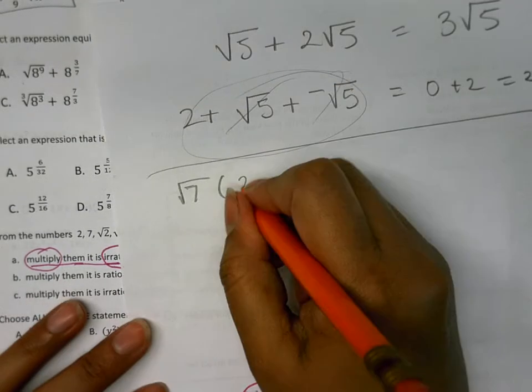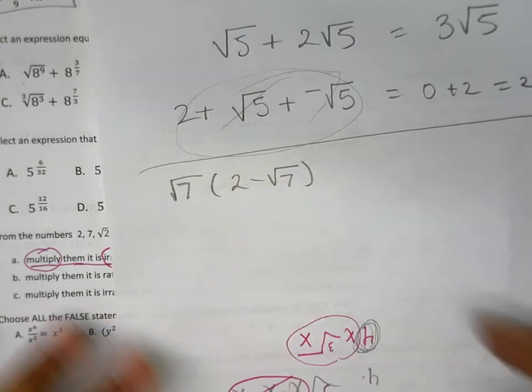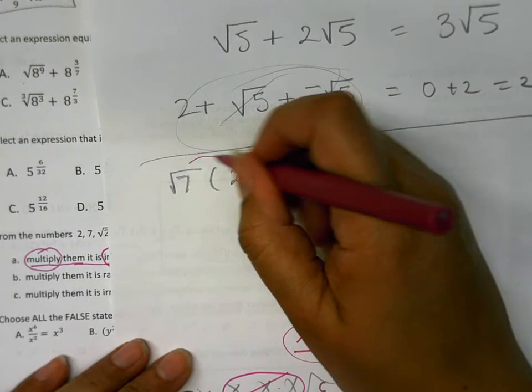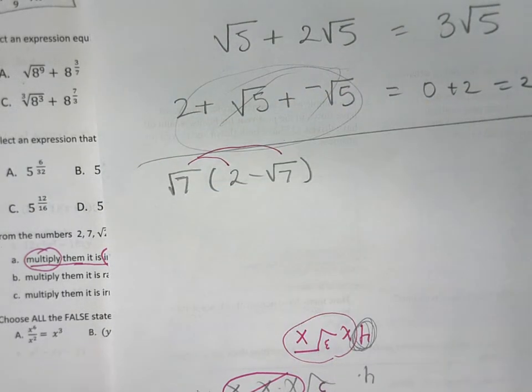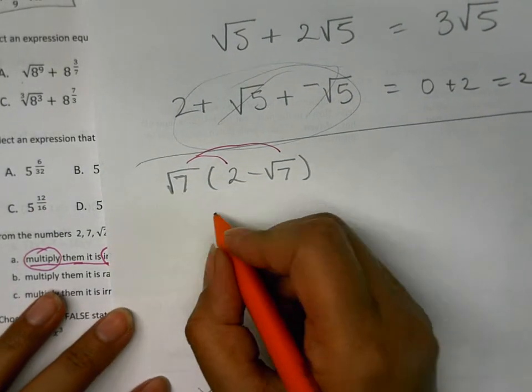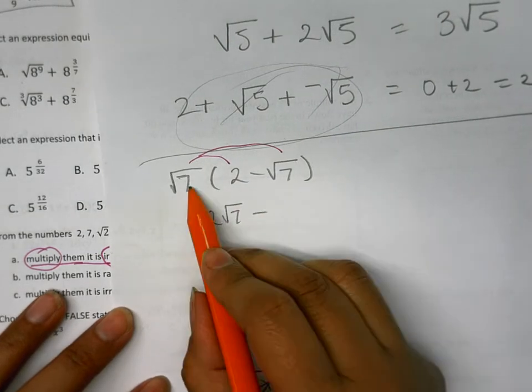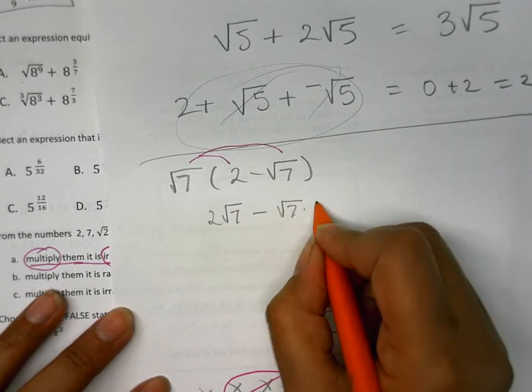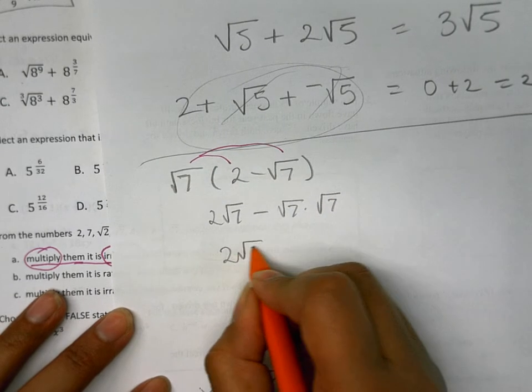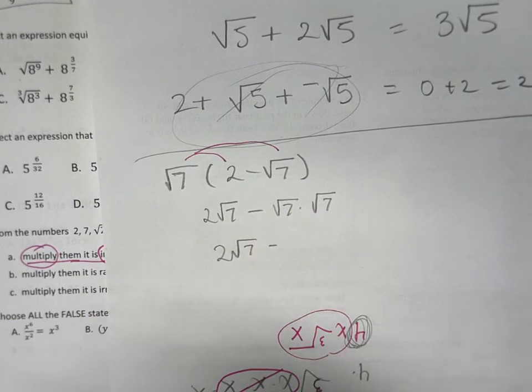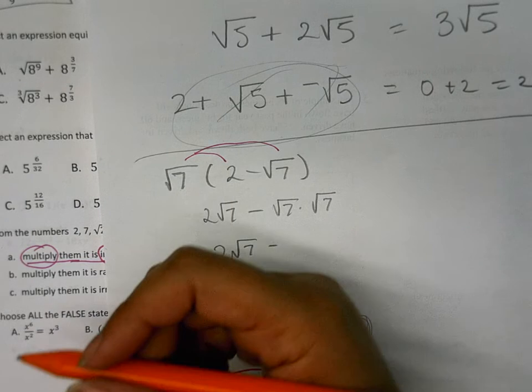What happens when you multiply this? What's the math word I'm looking for here? Distribute. What's root 7 times 2? Minus, what's root 7 times root 7? Root 49, which is 7.